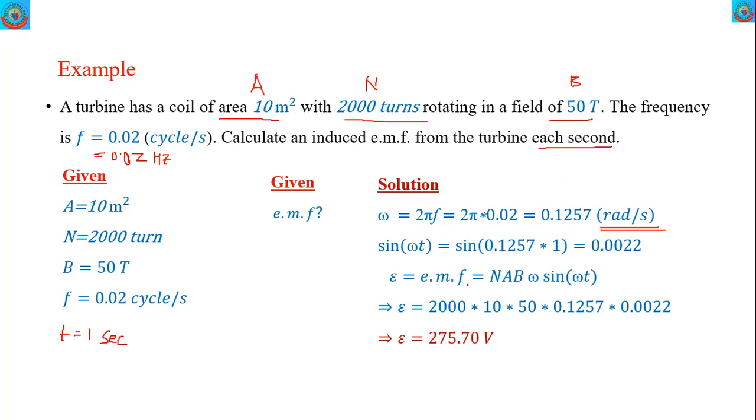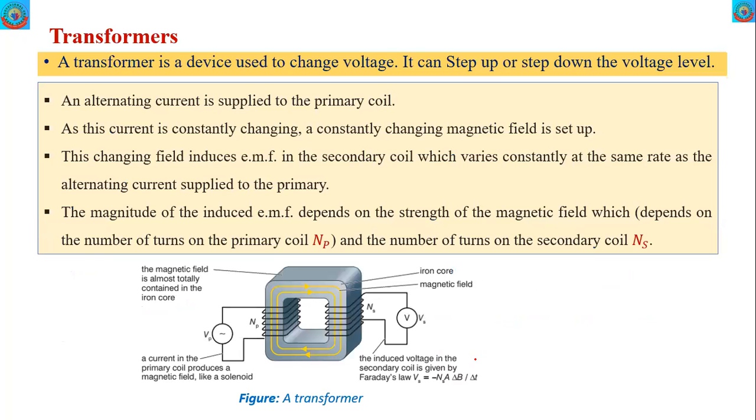From that, we have sin omega t and we have omega. Then we directly substitute into the formula. N is 2000, A is 10, B is 50. So 2000 times 10 times 50 times 0.127, and sin omega t. What we get is the induced electromotive force on the turbine. This is the induced electromotive force.